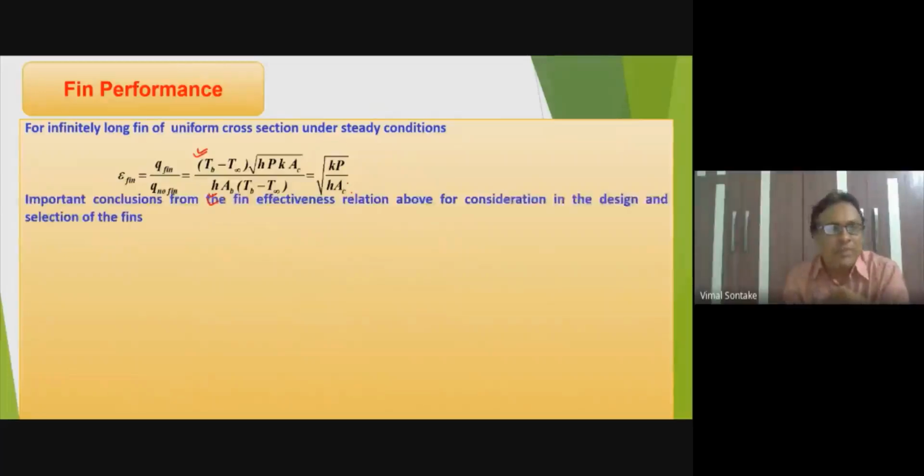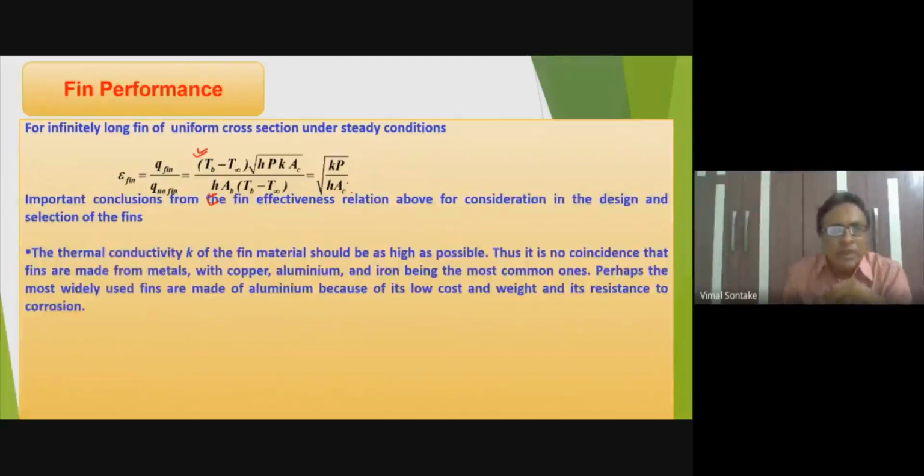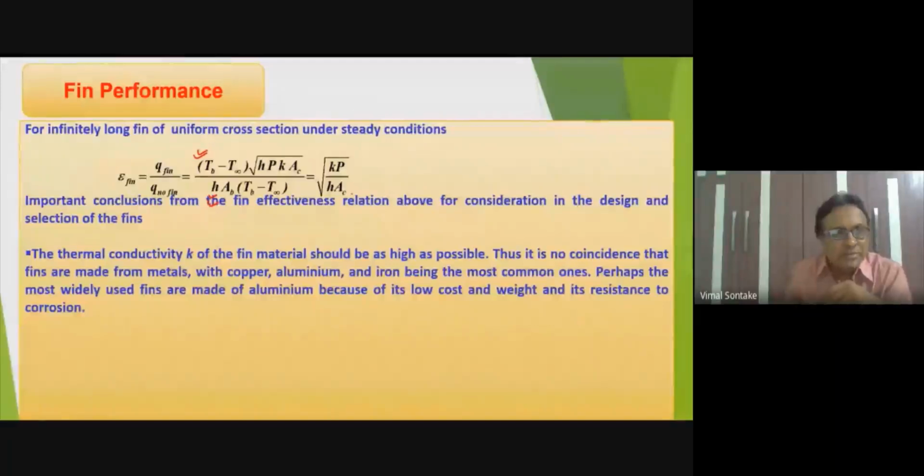So observation number one or conclusion number one, as you can see here, effectiveness of the fin is directly proportional to square root of k, that is thermal conductivity of the fin material.